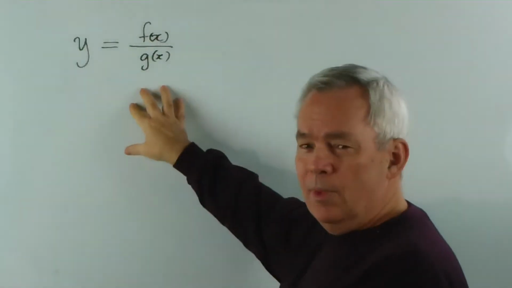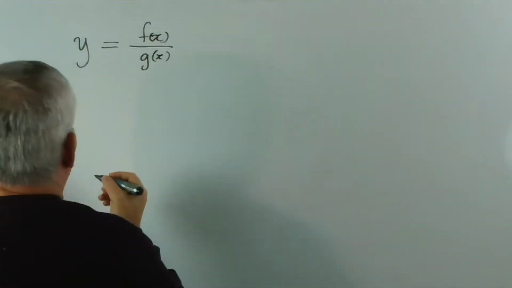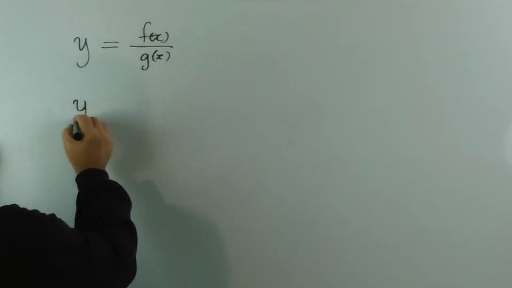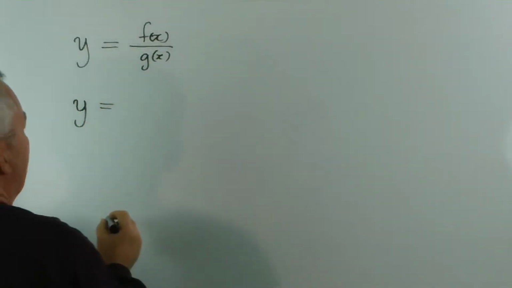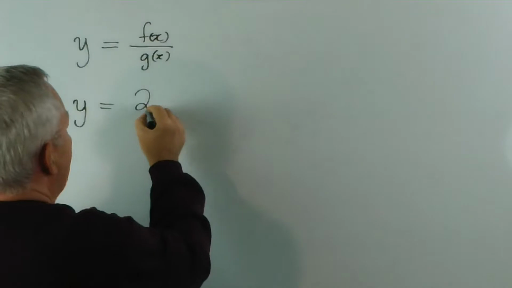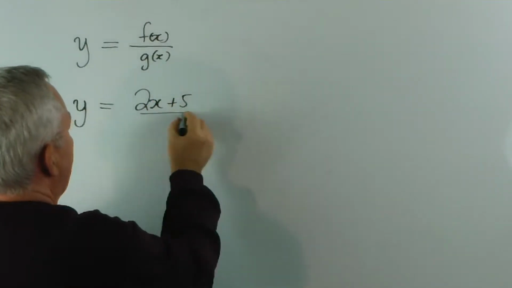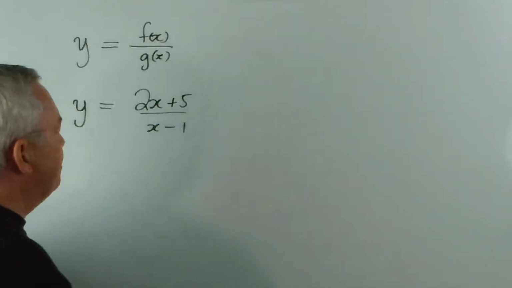And what's particularly common in this one is this feature. I'm going to give an example. I'll make it simple, let's have a linear function like 2x plus 5 over x minus 1.